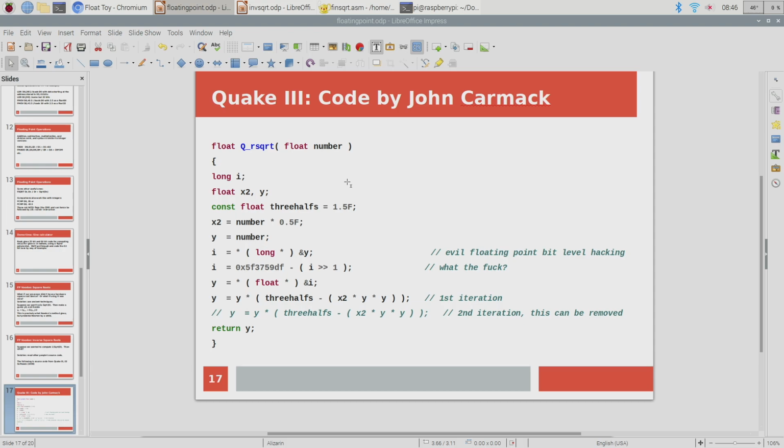So at the time, long meant a 32-bit integer, and a regular int would have been 16 bits at the time. Why is this the case? Well, in the early 80s, everything was 8-bit on most machines.